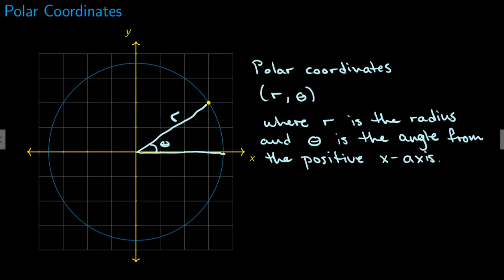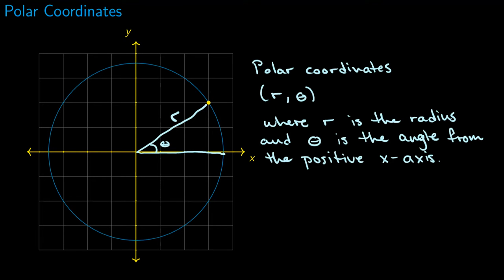So for any point out in space, we can always specify it in terms of its Cartesian coordinates, or we can specify it in terms of its polar coordinates. And it's always good to be able to go back and forth from one to the other.